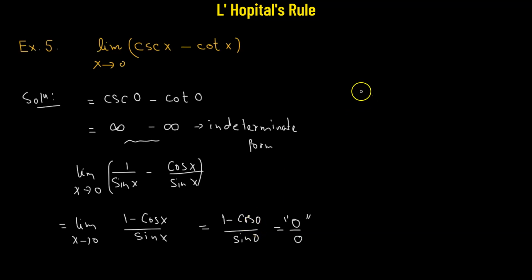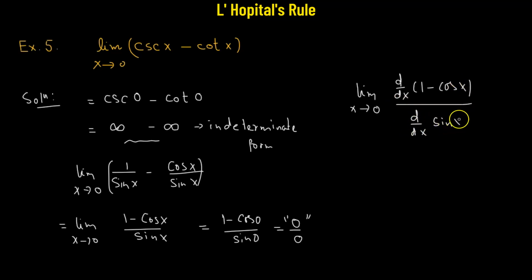Now let's apply L'Hopital's rule. So we have the limit as x approaches 0. We are going to apply L'Hopital's rule to 1 minus cosine of x divided by sine x. So let's take the derivative with respect to x. We have the derivative of 1 minus cosine of x divided by the derivative with respect to x of sine x. So this will be equal to the limit as x approaches 0. The derivative with respect to x of 1 is 0, minus the derivative of cosine x, which is negative sine x.